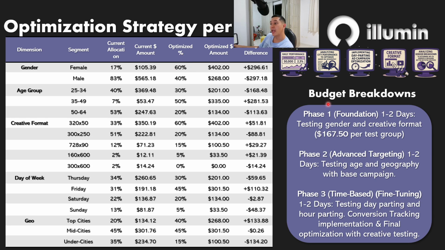So reallocating nearly $300 to the high-performing female audience is what's going to help us drive even better results, ROI, without having to invest any extra amount. Okay, so let's keep going. For age groups, we increase the 35 to 49 age group from a current allocation of 7% to 50% of spend, a $281 reallocation to our best performing demographic.